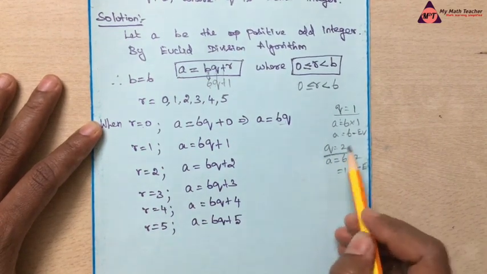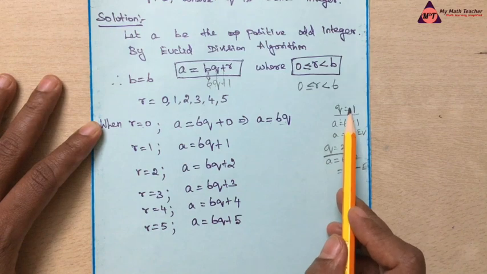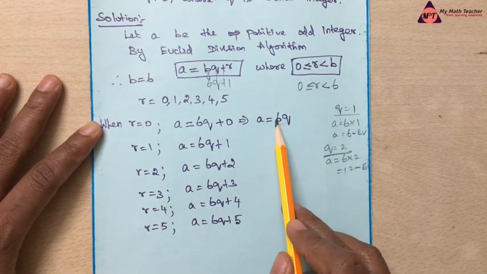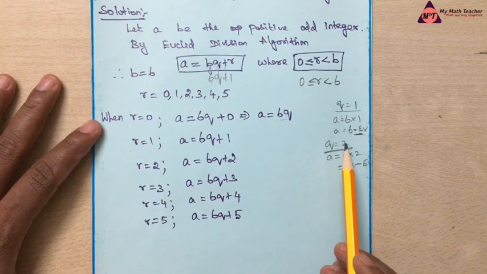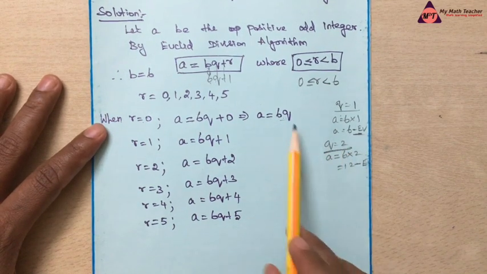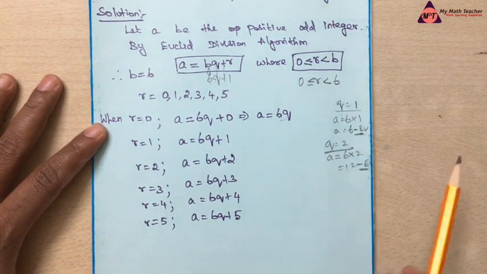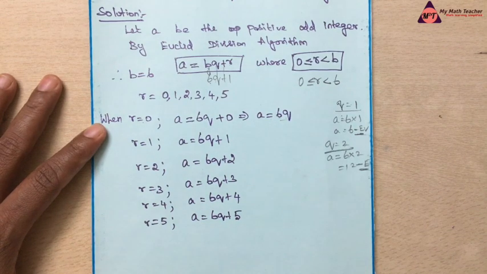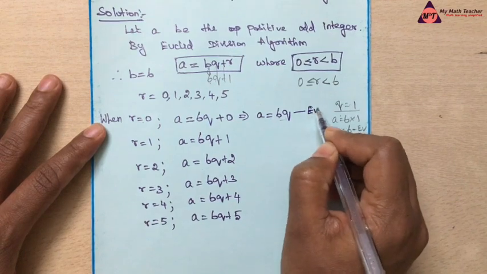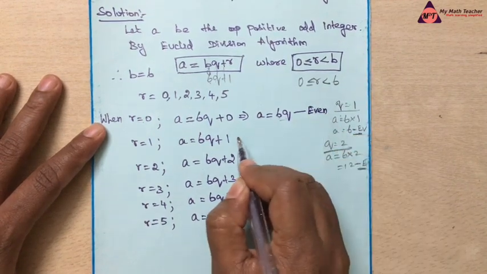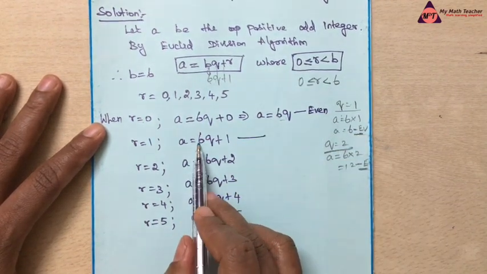Now, we can say that when you multiply any odd number with 6, answer is even. The same way, when you multiply any even number with 6, the answer is also even. So, we can say that a is equal to 6q is even. Okay, next. Here, 6q is even.